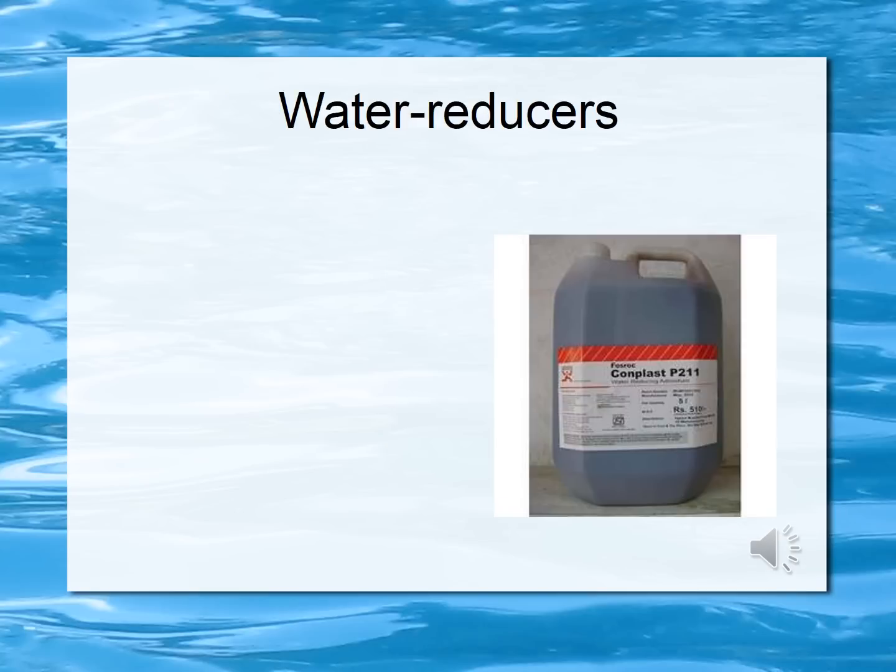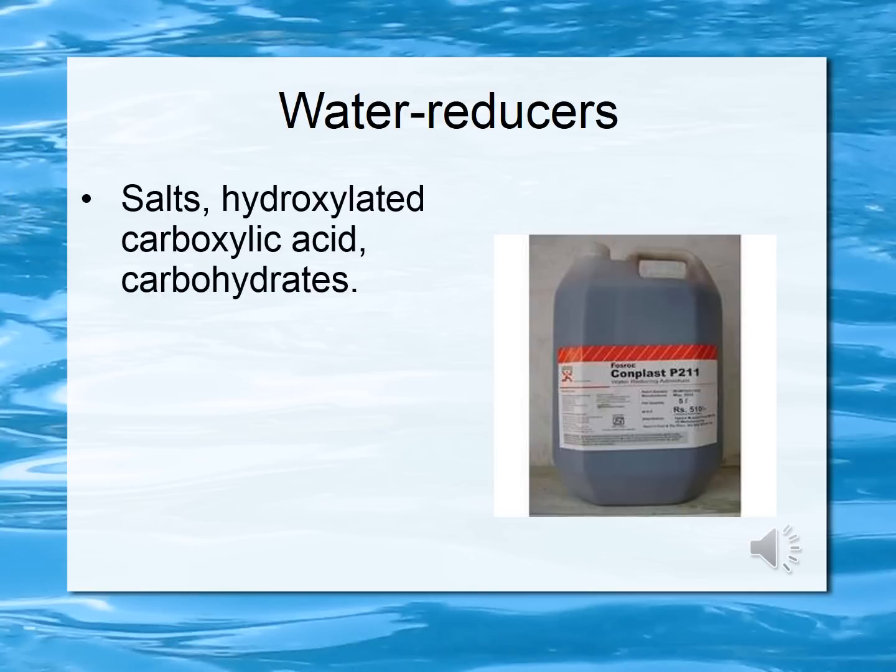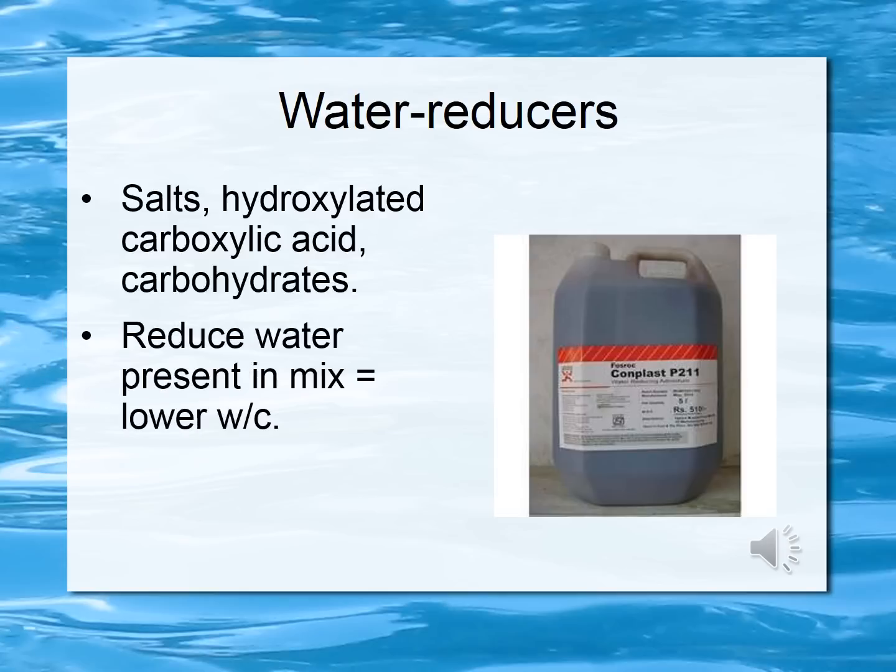Water reducers are commonly used admixtures in underwater and normal concrete practices. The main purpose of water reducers is to reduce the water present in the mix. Therefore, this decreases workability and increases strength.